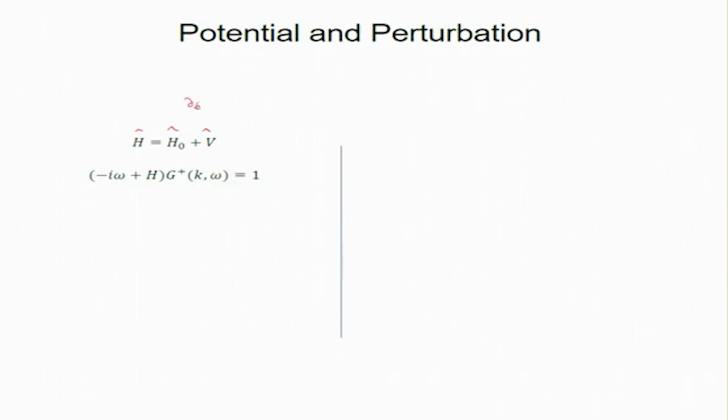So, I am writing d by dt psi is H psi, right, I h bar. Okay. So, h bar is 1. So, the corresponding Green's function will be (I d by dt minus H) Green's function equal to 1. No, sorry, it is delta(t minus t prime).